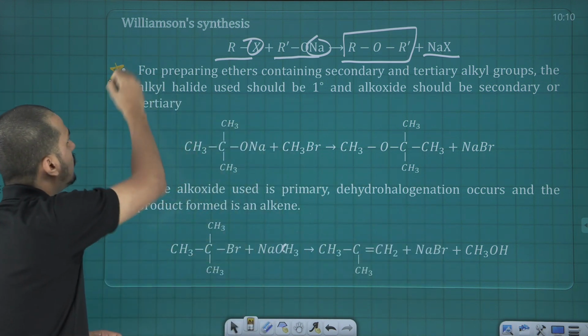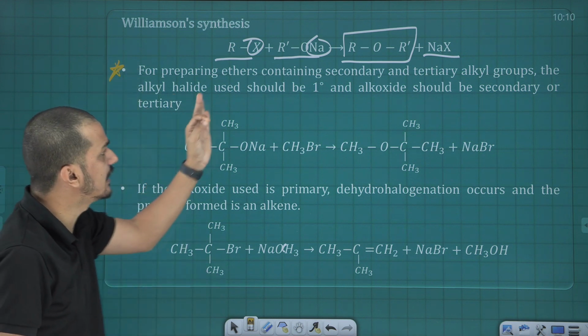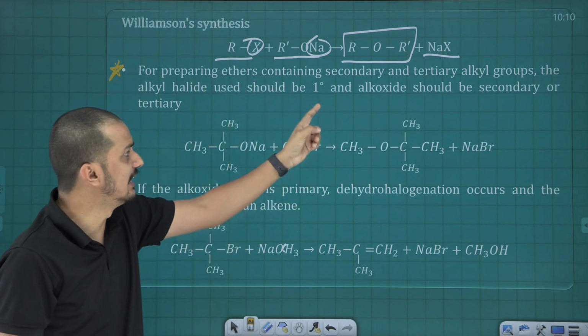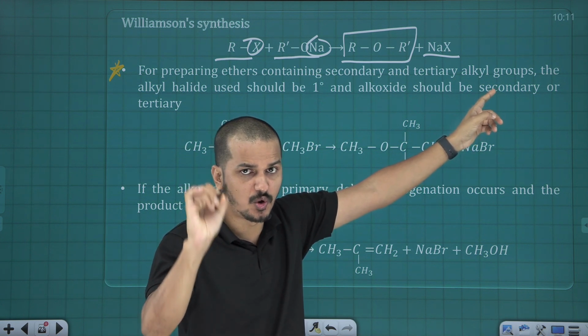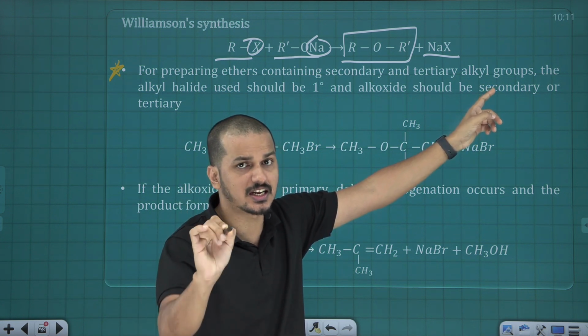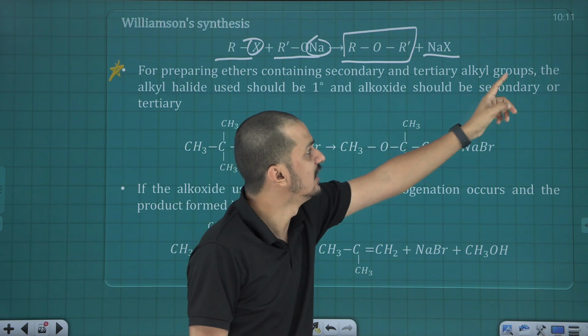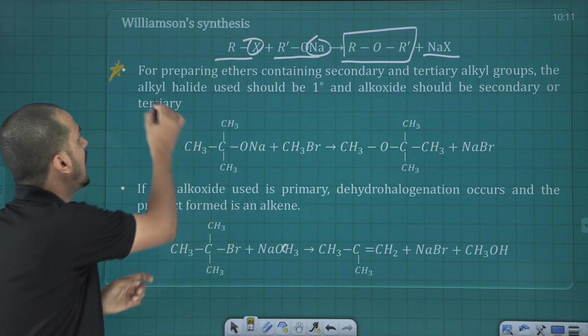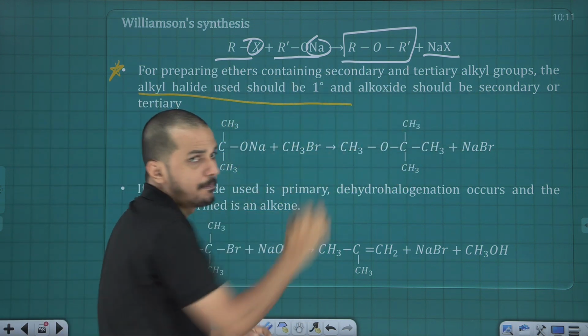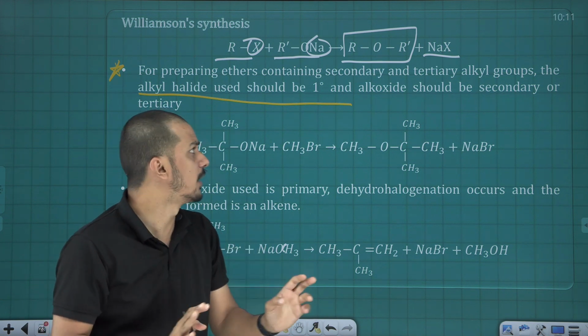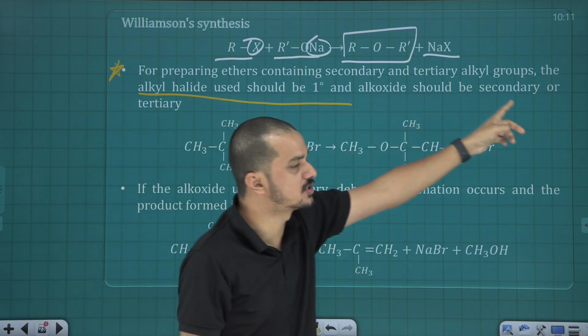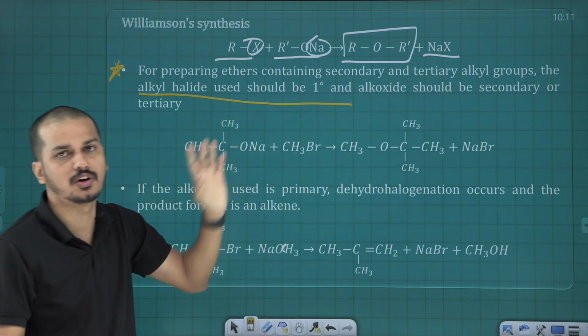That's the reaction. You have to remember this important factor I noted here for preparing ethers containing secondary and tertiary alkyl groups. In your ether, if you want a secondary or tertiary alkyl group, then the alkyl halide used should be primary, and the alkoxide should be secondary or tertiary according to your convenience.